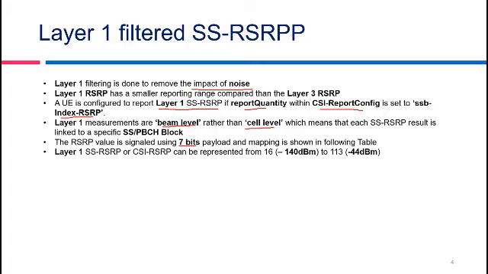At layer 1, SS-RSRP or CSI-RSRP can be represented by values from 16 to 130. The 16 represents the measured value of minus 140 dBm, and the 113 represents the measured RSRP value of minus 44 dBm.